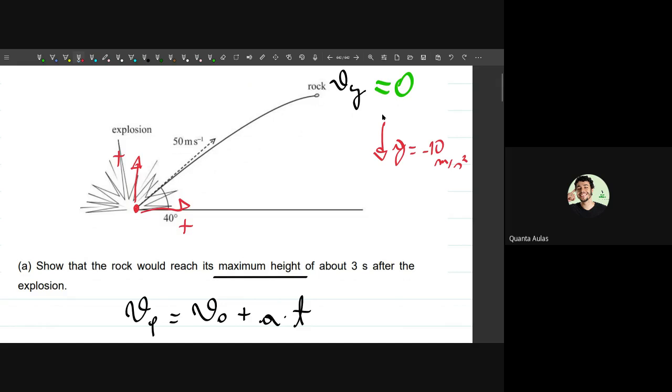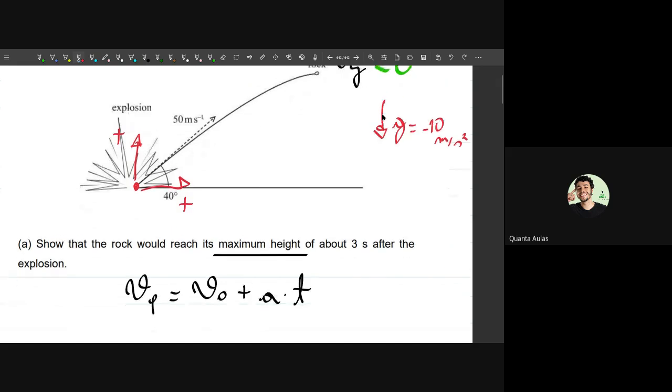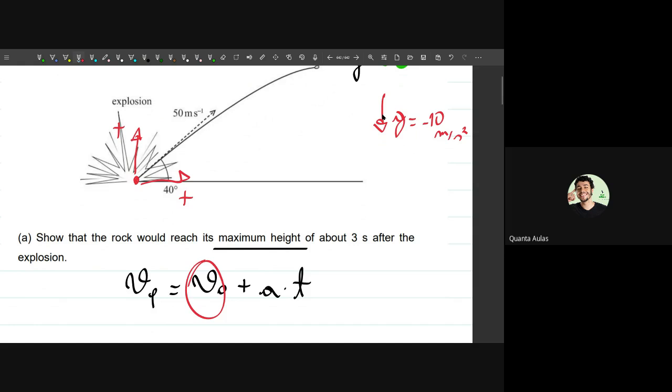Another thing we need to put in this equation is our initial velocity, because it is a vector, okay? Do you know what you need to do here? For the y, it's v sine theta, and for the x, it's v cos theta.